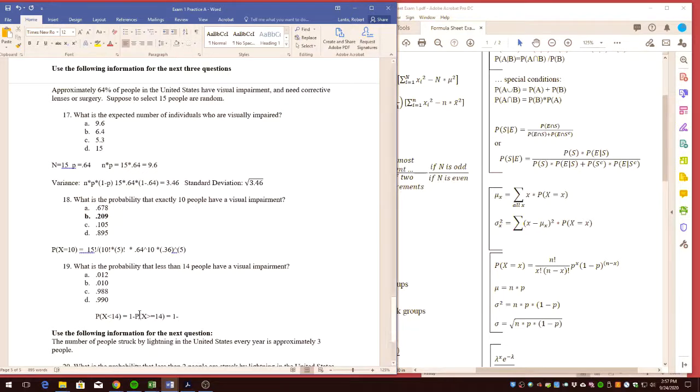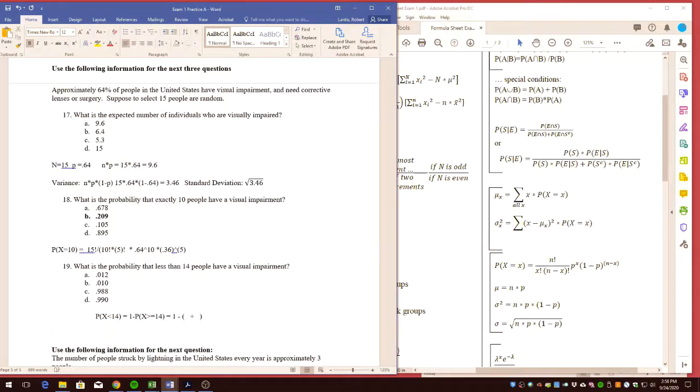Plugging in once that x is equal to 14, n is still 15, p is still 0.64, figuring out what that answer is. Then using that equation again for when x is equal to 15, now n and x are 15, the probability of success is 0.64, finding both those probabilities, adding them up, and subtracting them from 1.